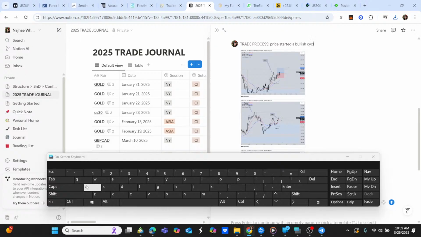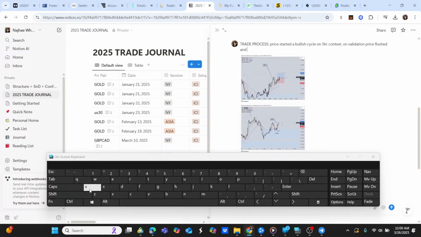I started a bullish cycle. 5 hour context. Validation. Flushed. Pausing.